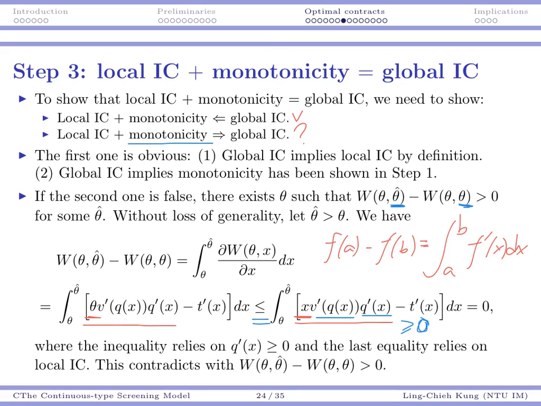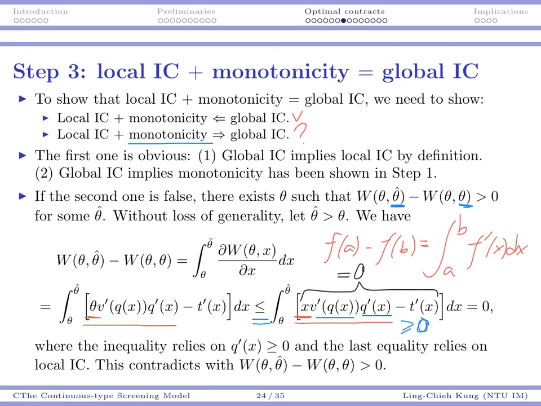Lastly, I now claim that this is just 0. Why is that? Because this part is just your local IC, and for any x, this is 0. So the integral would also be 0. So with monotonicity, you have this inequality, and with local IC, you establish that this is 0.